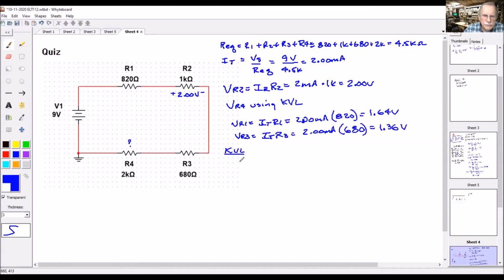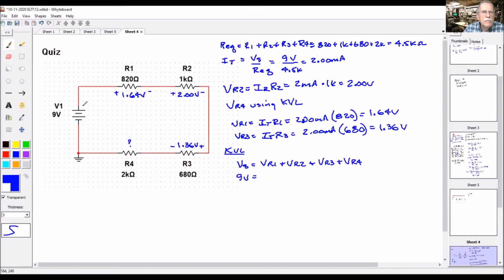we can say that VS is VR1 plus VR2 plus VR3 plus VR4. We know that VS is 9 volts. VR1 we just figured out is 1.64. And VR3 is 1.36.